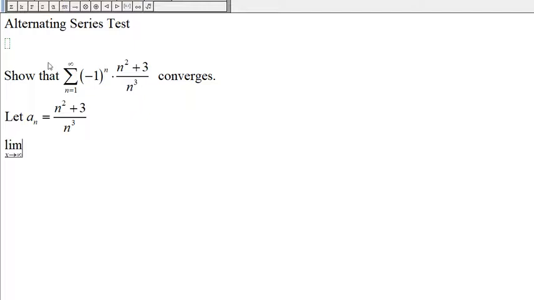And so the limit of a sub n, this is equal to this. And to find this limit right here, we can divide everything top and bottom by n to the third.